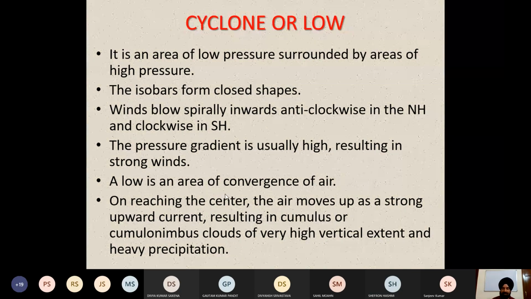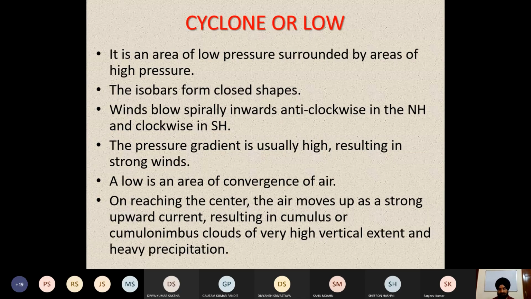So a low pressure area is basically an area of convergence of air. Convergence of air means the air is trying to accumulate, and when it accumulates, it has a tendency to rise. If the air has a tendency to rise, it will get cooled below the dew point, and cloud formation occurs. So simple to understand how the weather can be around the low pressure.